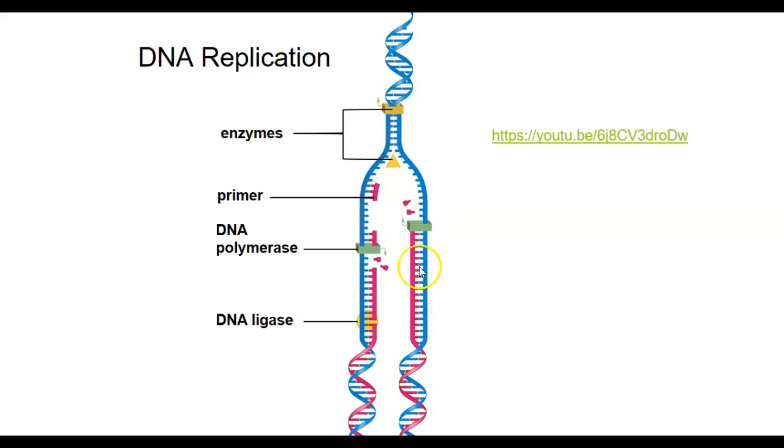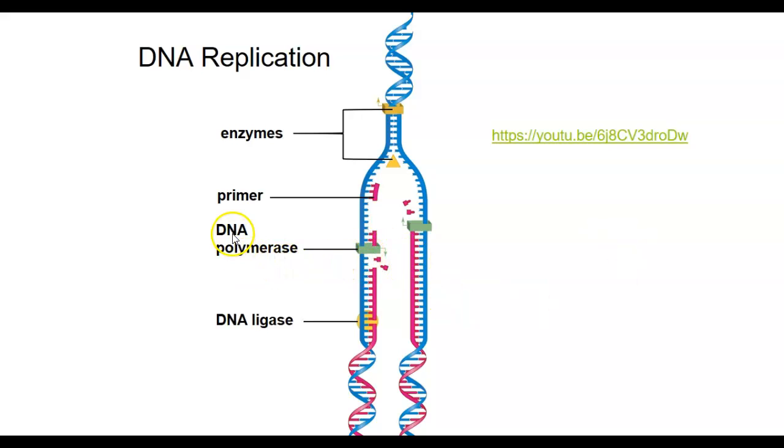In this case, this is the leading strand, where there is a protein called polymerase, which is going to be adding the nucleotides, and it's going to go continuously in the direction that the helicase is opening up. Now there's this other strand over here that we're going to learn is called the lagging strand, and this is going to be made in segments, but it still has that DNA polymerase adding the nucleotide.